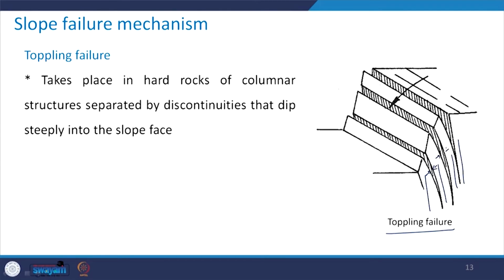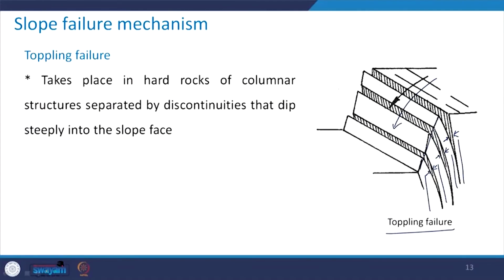If there is a rock movement in the direction of the arrow, this type of failure is called toppling failure. It occurs when the rocks are of columnar structure and have discontinuities which are dipping steeply into the slope face. You see this is the slope face, and the dip is so large in this case, almost vertical.